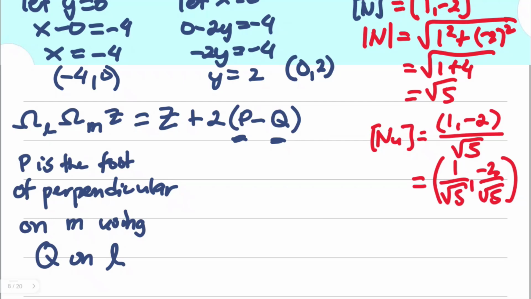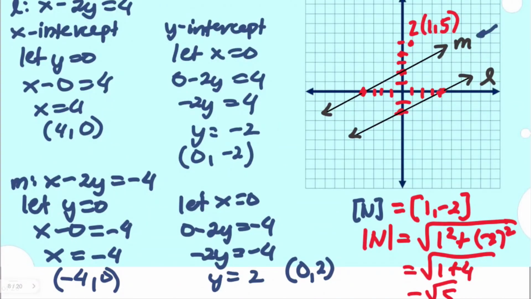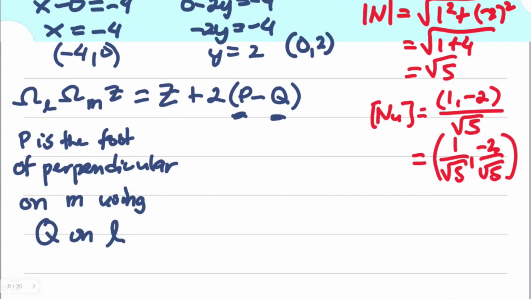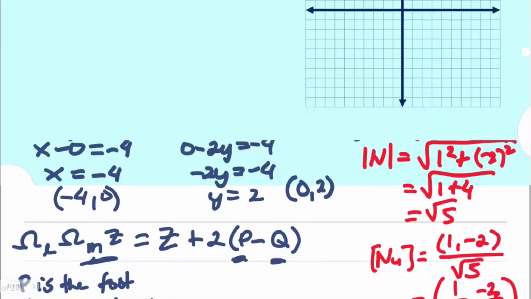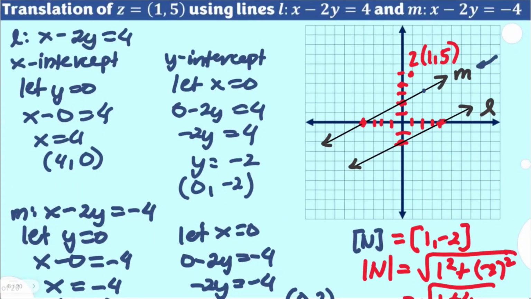The point here is that we're going to pick a certain point. For this, it's the other way around. It's the foot on L using Q on M, because it's M that is actually the closest line. So we're going to pick a certain point in M, anywhere here, of course, and you can even use the intercepts.